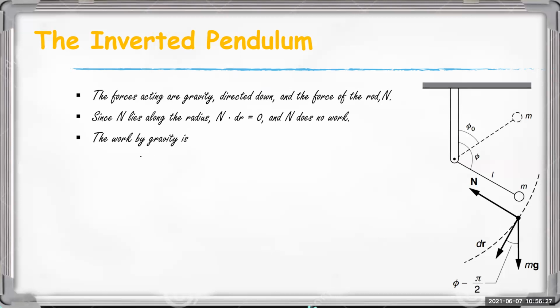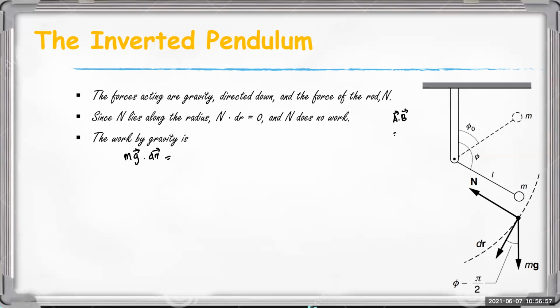We can write F dot dr. Here F is mg, so mg dot dr. When we take a dot product A dot B, how can we write it?